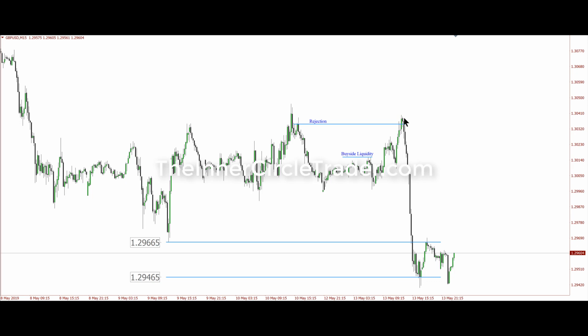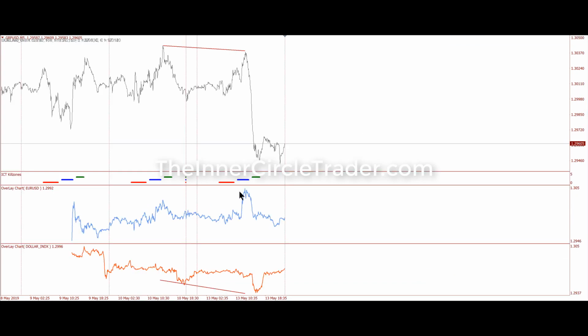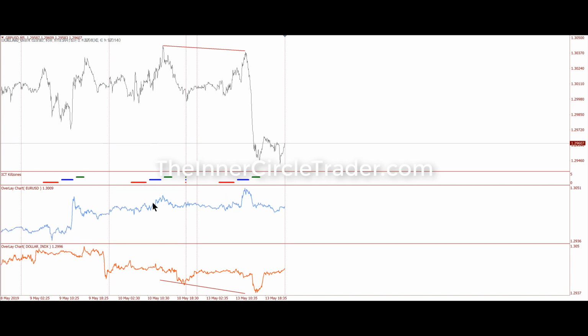At the same time, cable's being pushed up, but can't make its way above Friday's high, previous week's Friday's high. At that same time, euro dollar is making a higher high here, and that's what we've seen here. We had euro making a higher high relative to Friday to today's intraday high, and then here's that divergence on cable.